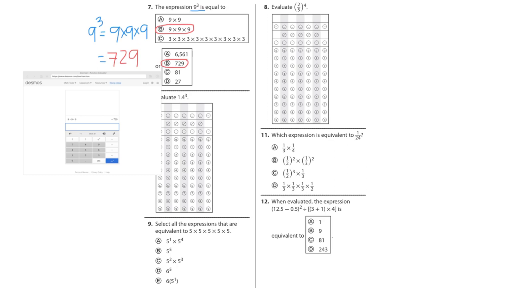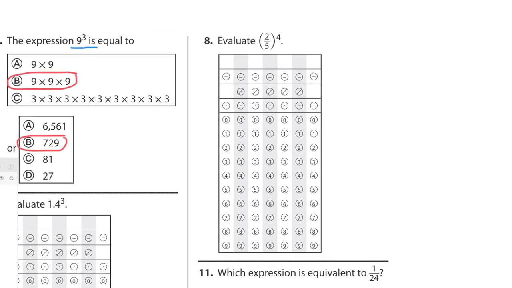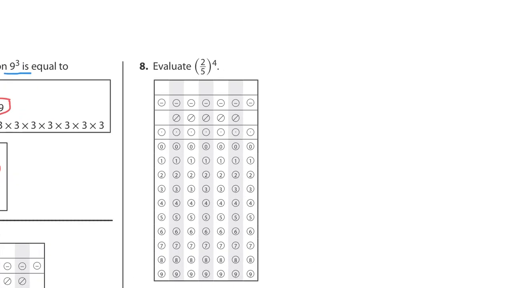Next problem is problem number 8. Here we go. It's 2/5 raised to the fourth power. So we have 2/5 inside parentheses, all raised to the fourth power.